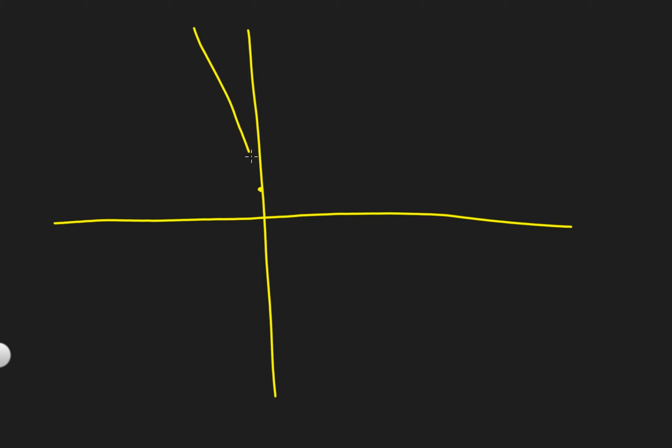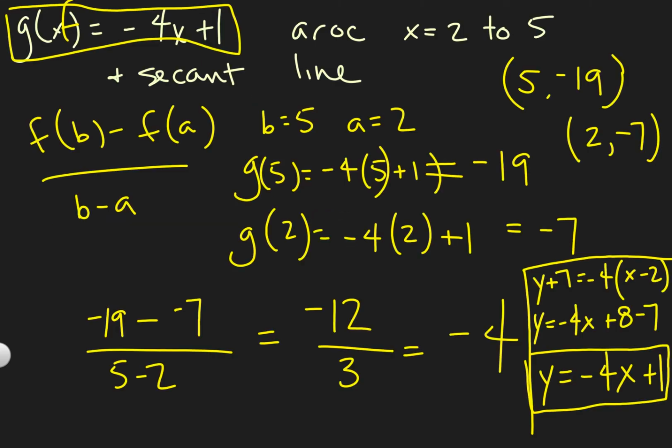Negative 4x plus 1 is going to be something like this. Now, the values that we plugged in, we got (2, -7) and (5, -19). So we've got 2, positive 7, sorry. So it was (2, -7).